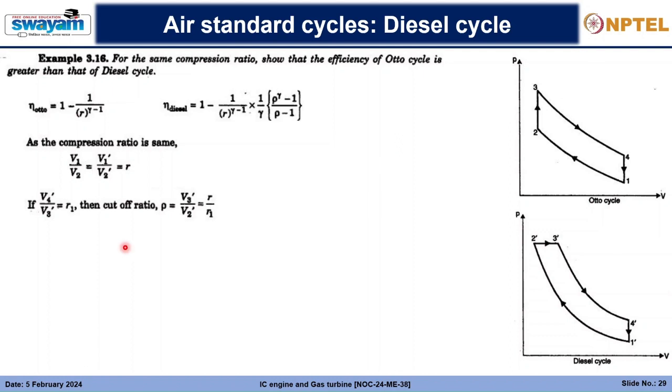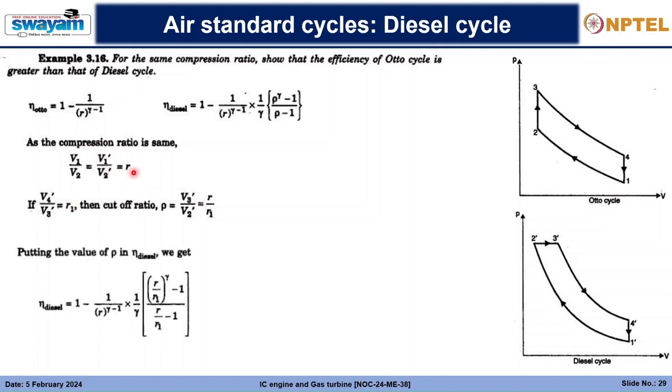Then this is the cutoff ratio for the diesel cycle, and V4 dash by V3 dash is the compression ratio, and so r1 is equal to r, that will be the case.